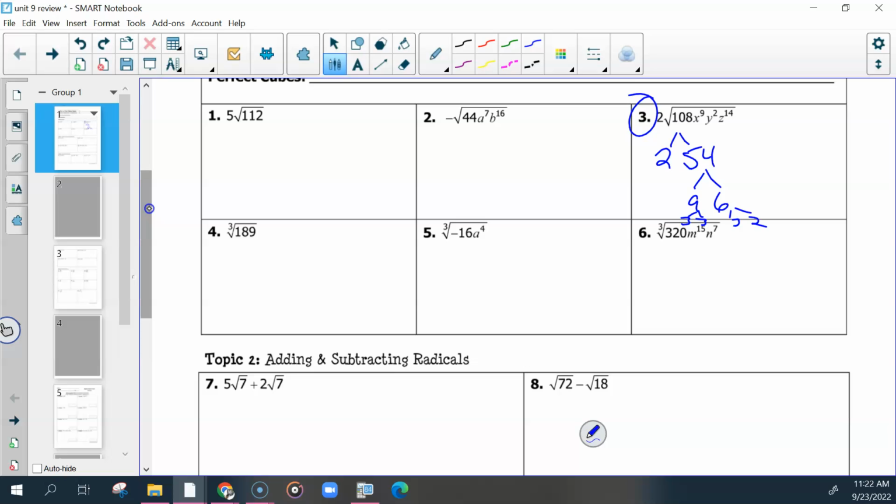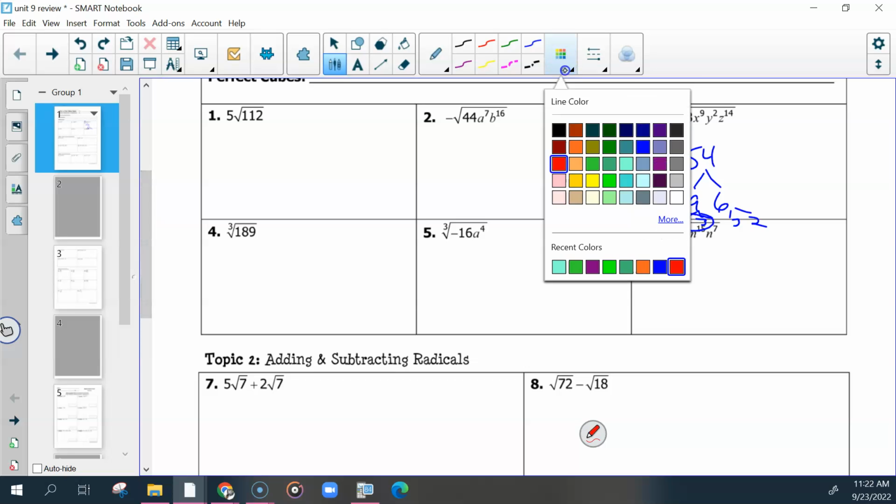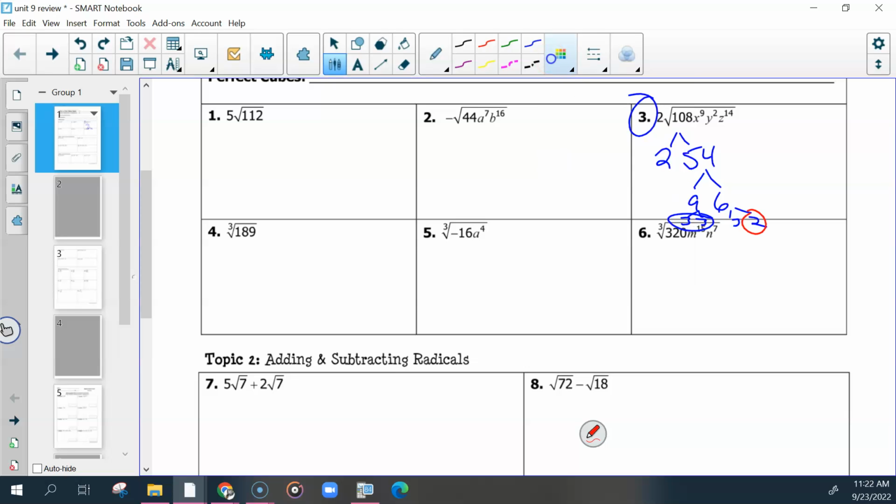We have 1 pair of 3s and 1 pair of 2s that are both going to come out and multiply to the 2 that is already there. 2 times 2 times 3. And what is left on the inside is this lonely 3.